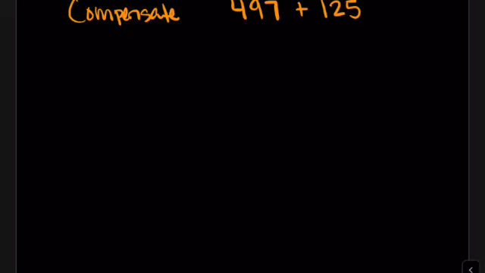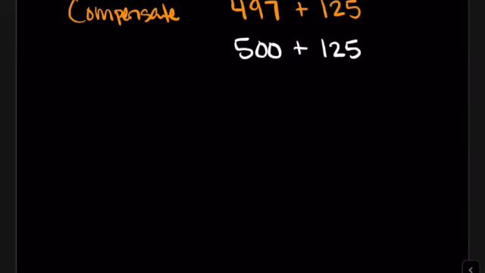I'm going to make it a different problem, an easier problem, and then I'm going to compensate for how I've changed that problem. So in this case, to add these numbers together, it would be a lot easier if this 497 was actually 500. Again, so now the problem 500 plus 125, much easier for us to do and think about.